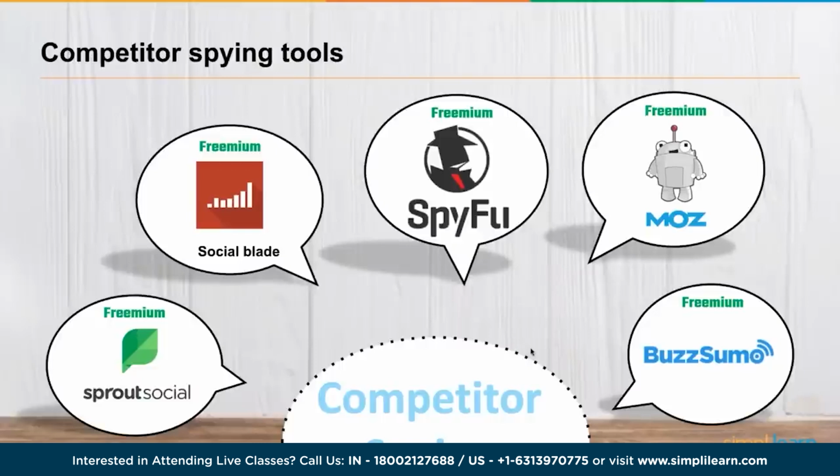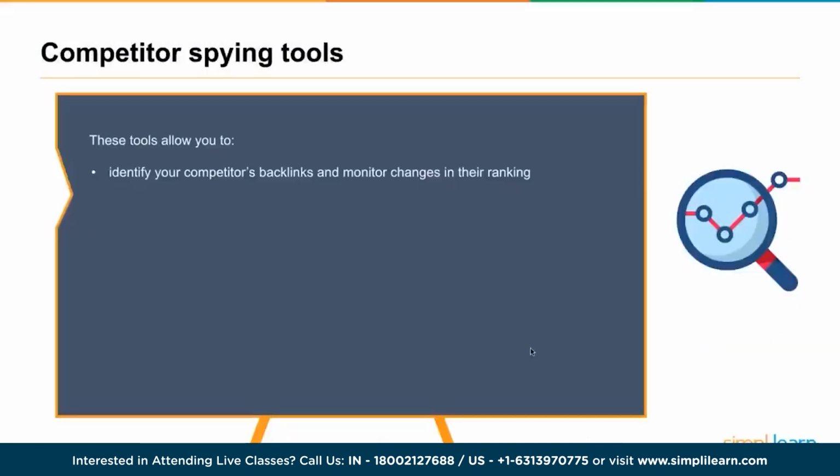So why would we want to use a competitor spying tool? Well, it may sound like a very straightforward question, but there are lots of reasons why. And so let's look at some of these reasons. The first reason is we really want to identify our competitors' backlinks and monitor changes in their ranking. The reason why we have this as the top bullet point is because SEO, organic search, is a long-term strategy.